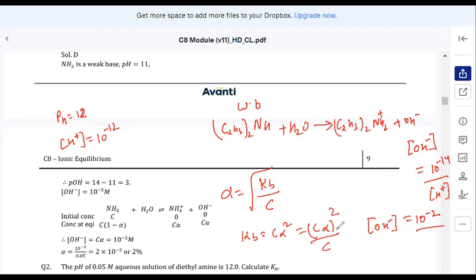And what is C alpha? C alpha is nothing but the concentration of OH minus. So it is 10 to the minus 2 whole squared divided by C, and C is 0.05. That's the answer. Anyone have any issue in this?